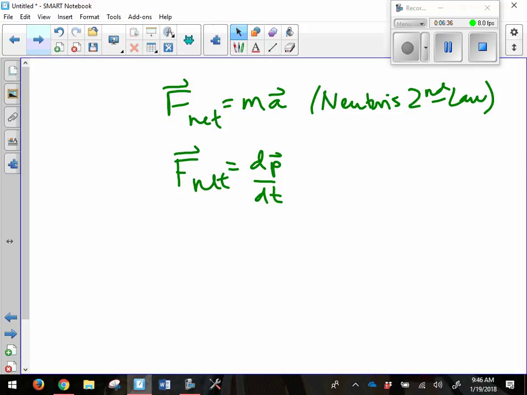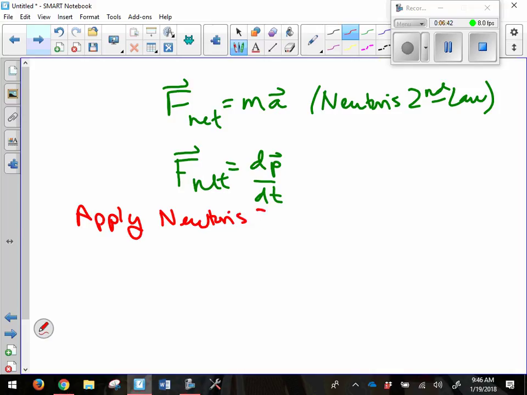So I'm going to apply Newton's second law to my object R. It doesn't really matter which object I apply it to, but for object R, the force is in the positive direction, so it just makes my life easier.